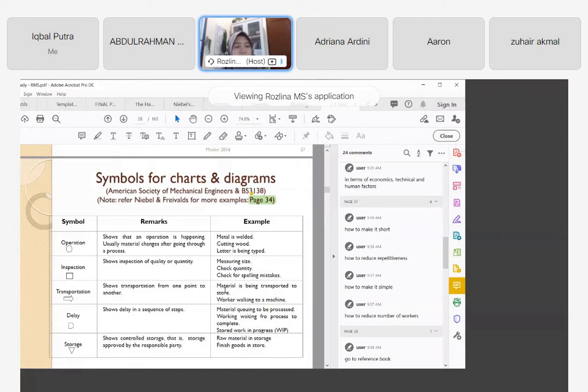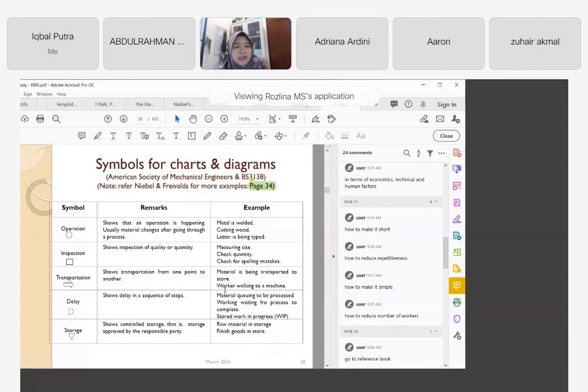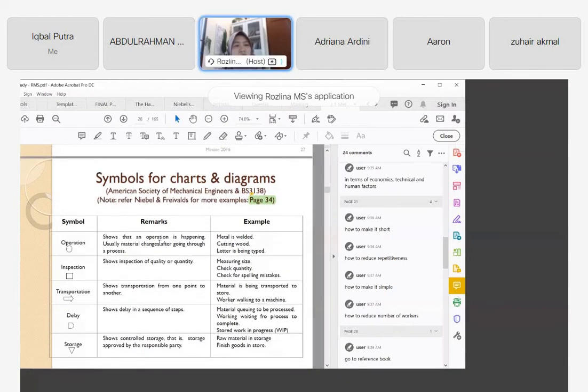Okay, when we talk about the diagrams and charts just now, we have the standards. We will use standard BS 3138, introduced by Gilbreth, and the American Society, ASME, and BS.